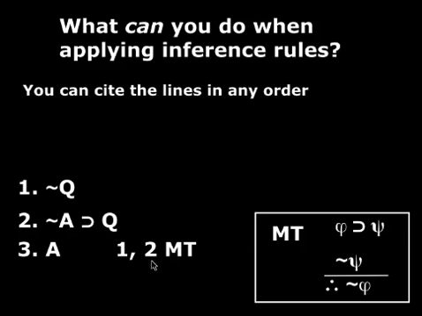I've justified that as 1-2 modus tollens, but I could equally well have said 2-1 modus tollens. So the order that you put the numbers doesn't matter. The numbers should come before the rule, so it shouldn't be modus tollens 1-2. It's not the end of the world if you do that. When the exam's graded, they might take off a point. So I would just put the line numbers first and then the rule after that.